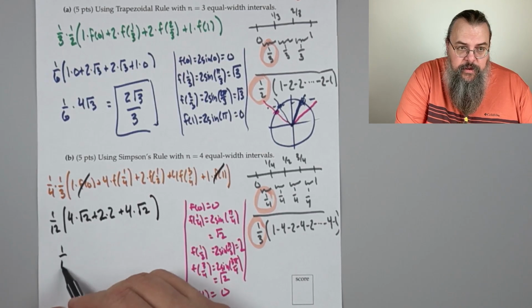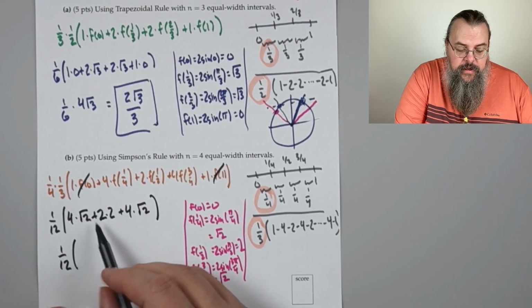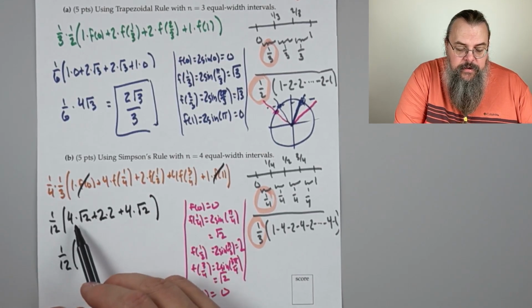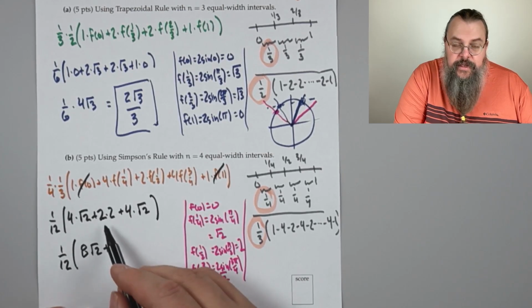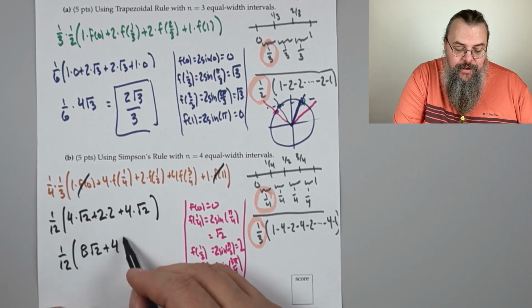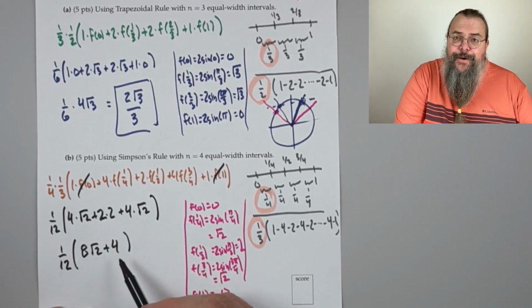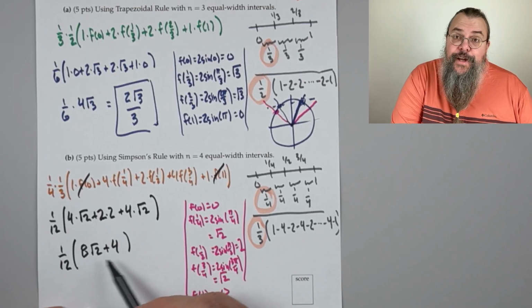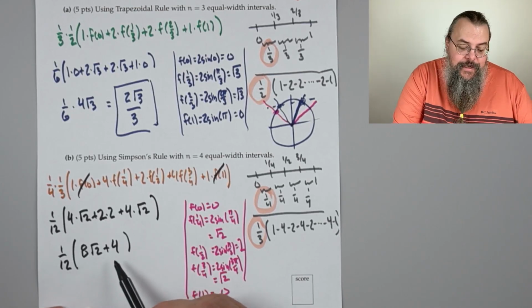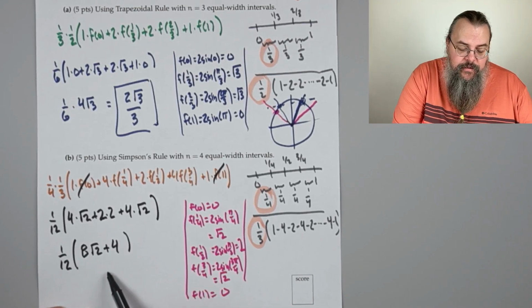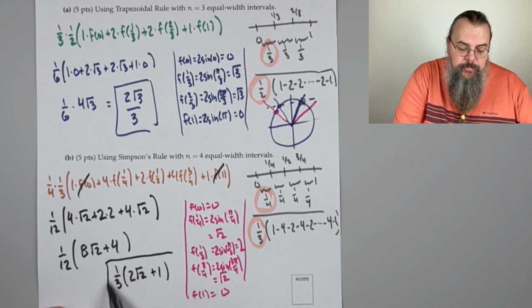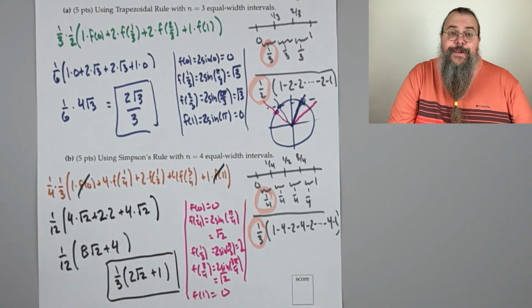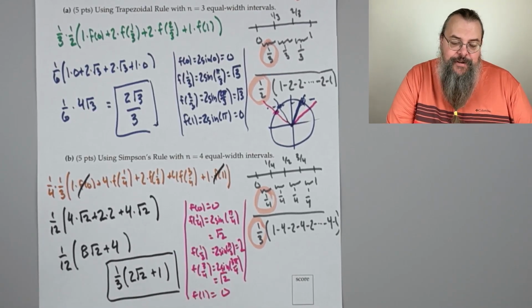So that's 1/12 times 4 root 2 plus 4 root 2 makes 8 root 2, and then 2 times 2 makes 4. We can pull out a common factor of 4, and 4 over 12 makes 1/3, times 2 root 2 plus 1. And there we go. That's our approximation.